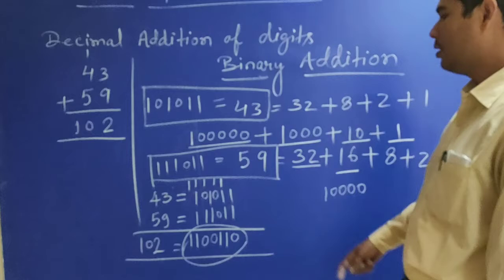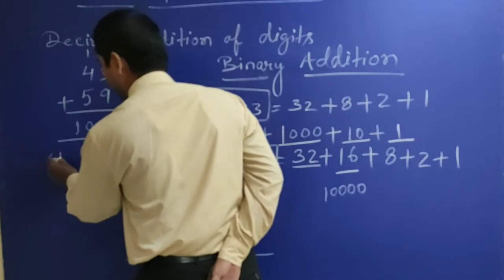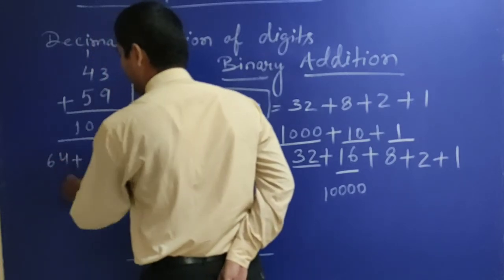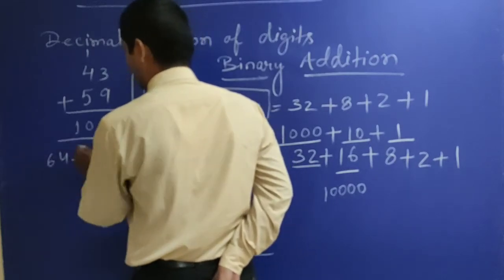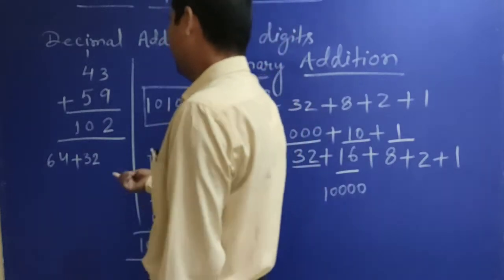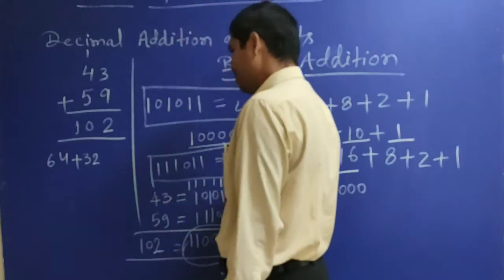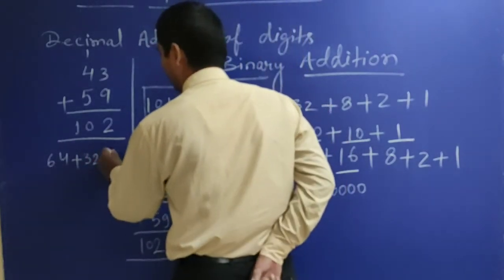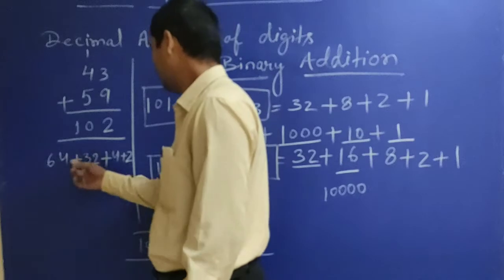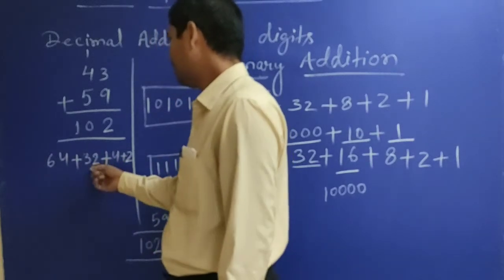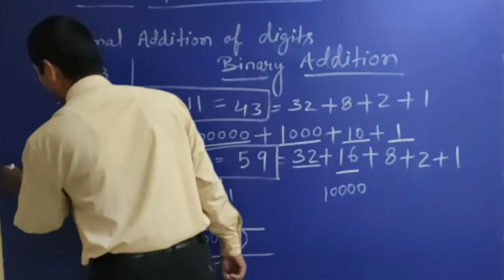For that we will convert 102 into different parts. 64 plus 32 means 96, 96 plus 4 plus 2 is 102.